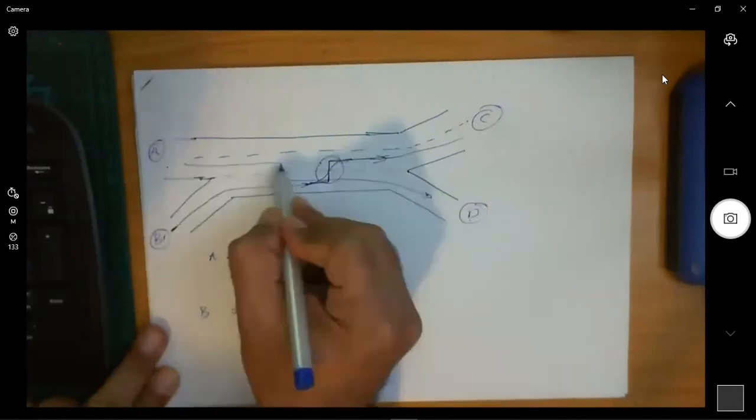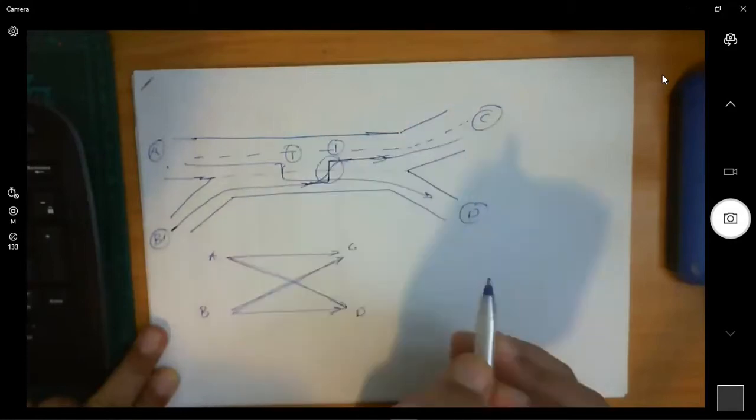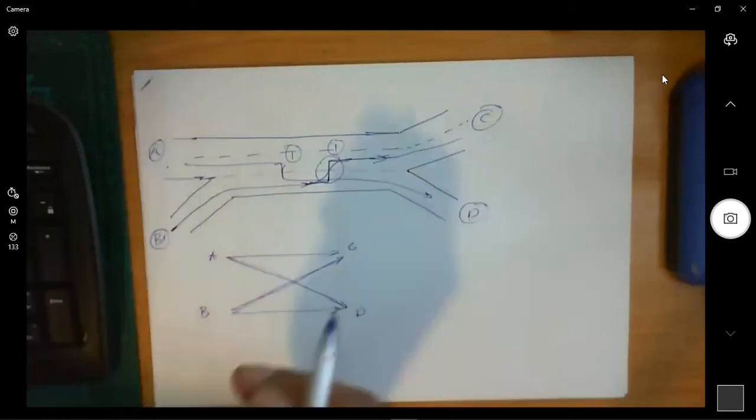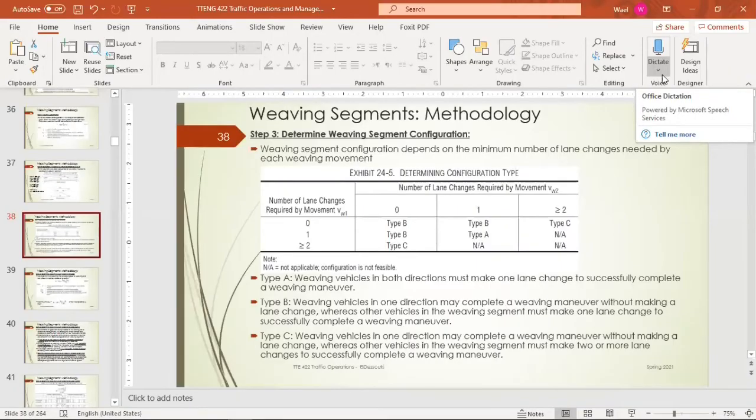In this case, we have one lane shift and one lane shift, so this would be type A, because we have one lane shift from both directions. Okay.